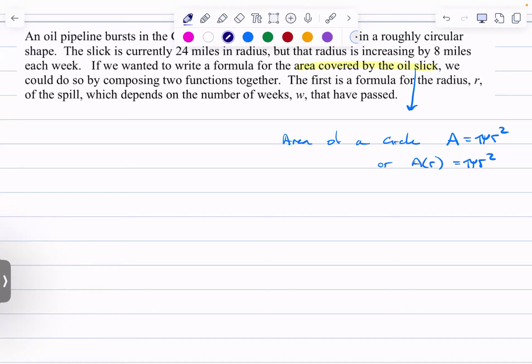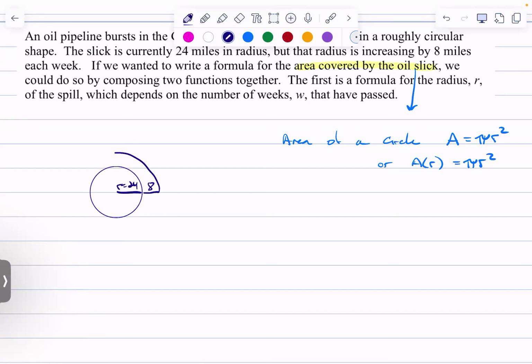If we think about our oil slick, r is 24 to start. But for each week, it grows by 8.